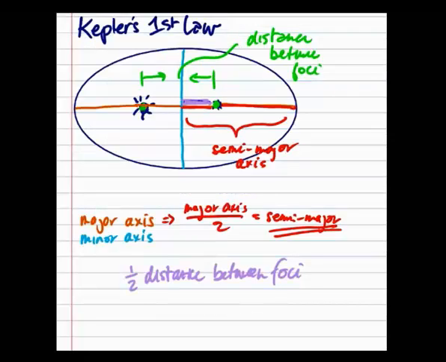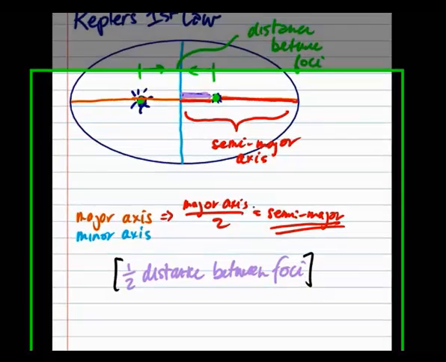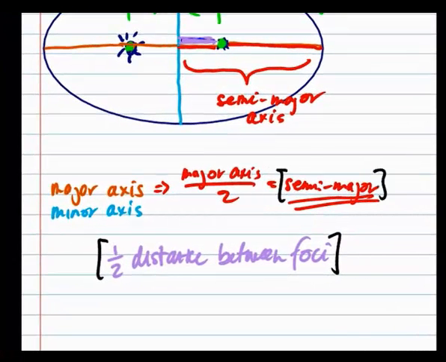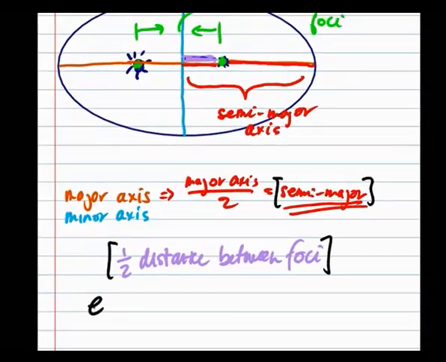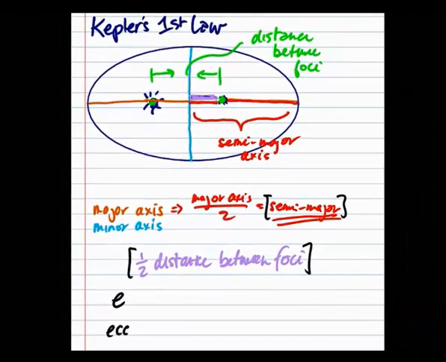So what are we going to be doing with these values that we have? Let's concentrate on the values we've been talking about. The ones we're most interested in are half the distance between the foci and what we call the semi-major axis. All right, what we're going to try to do is determine the eccentricity of an ellipse. The eccentricity, we use the letter E to stand for it.